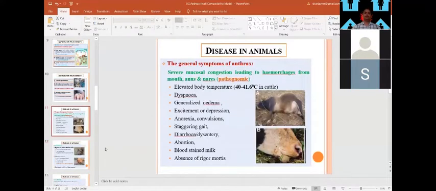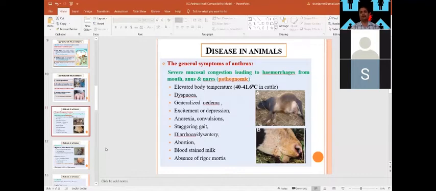Now, disease in animals. As we know, anthrax is a well-known disease of herbivorous animals, and anthrax-infected animals may show several mucosal congestions leading to hemorrhage from the mouth, anus, or nares.